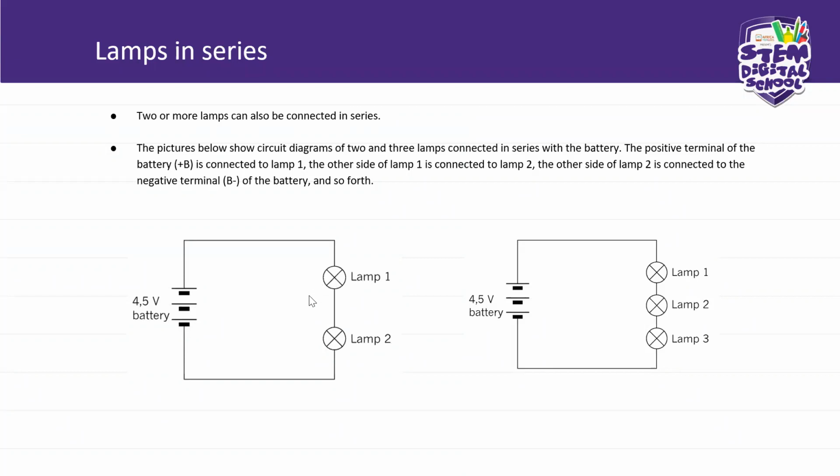This circuit, the light is dimmer. And here, the light is even dimmer. Because as you go on and on connecting output components in series, you get a reduction of the output. Okay?